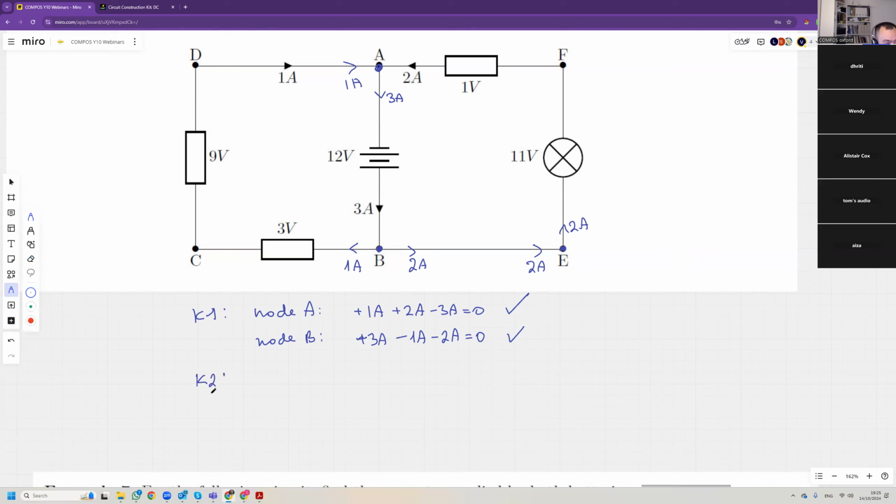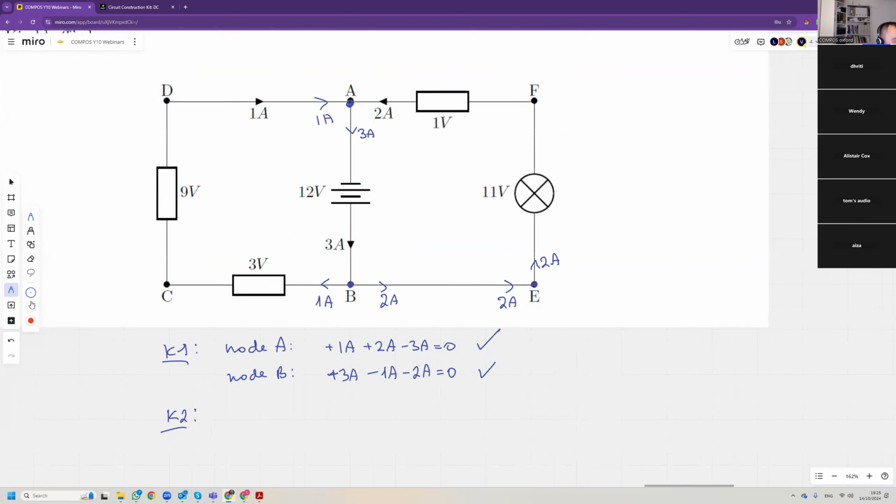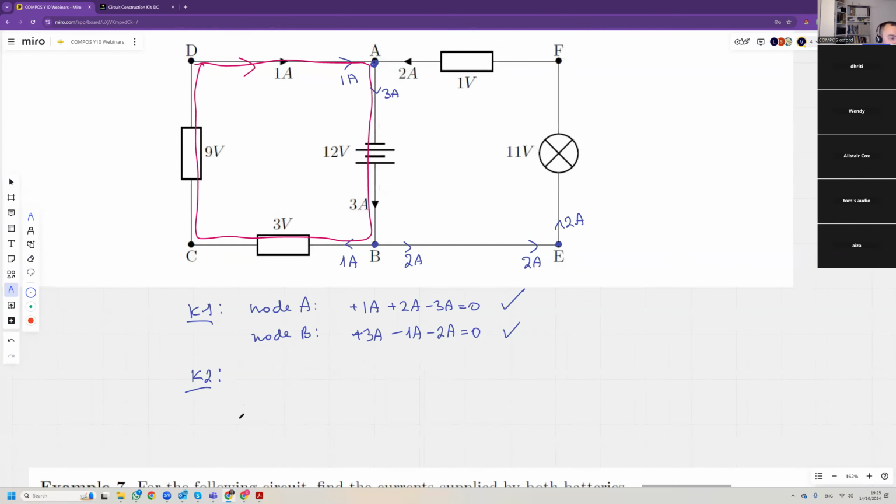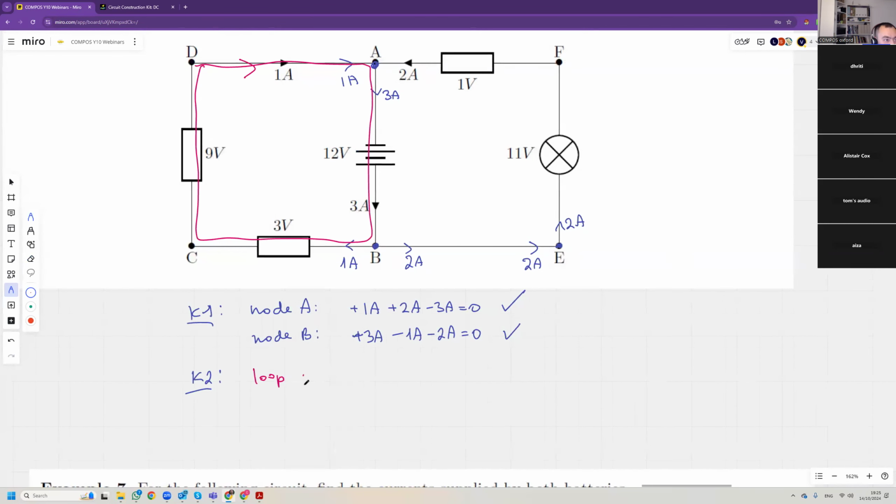Kirchhoff's second law. Well, here you need to take loops. So let's take this loop over here. And we go clockwise. We go in this direction. So loop D, A, B, C. So the battery raises the potential. So you go from low to high potential. You go from minus to plus.